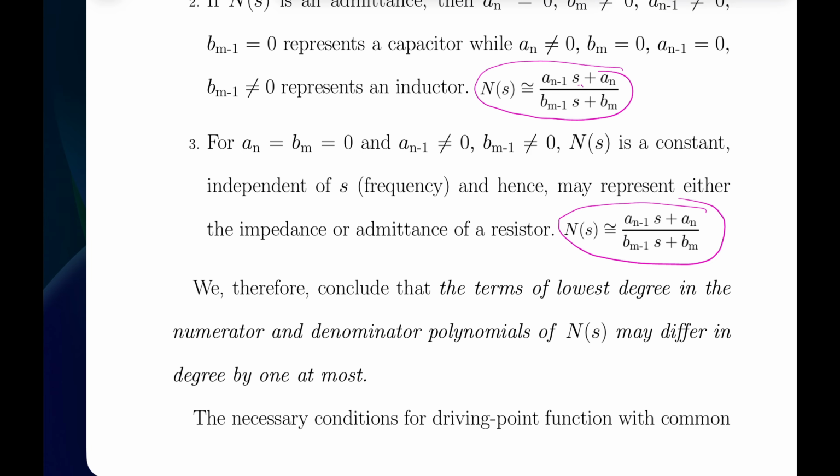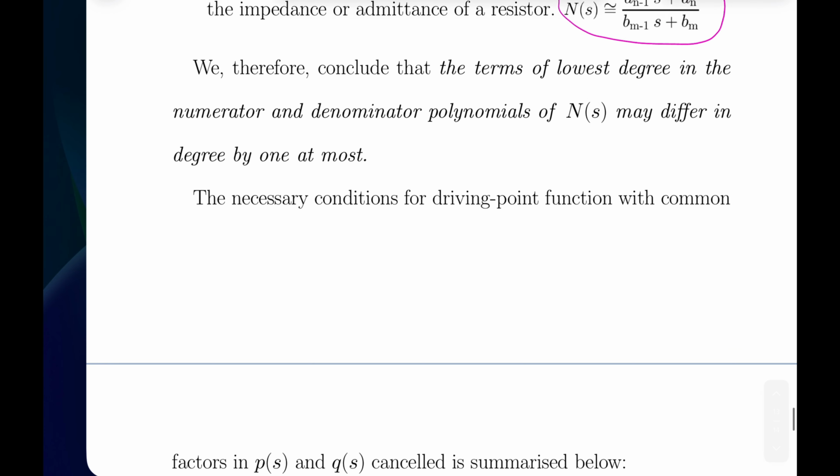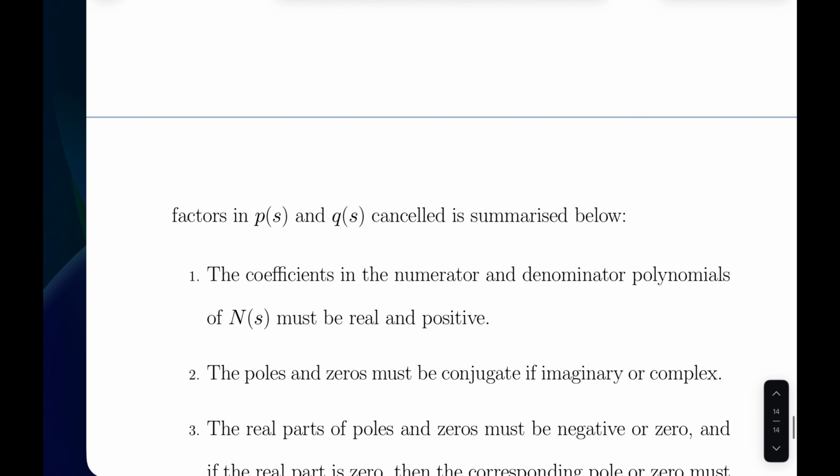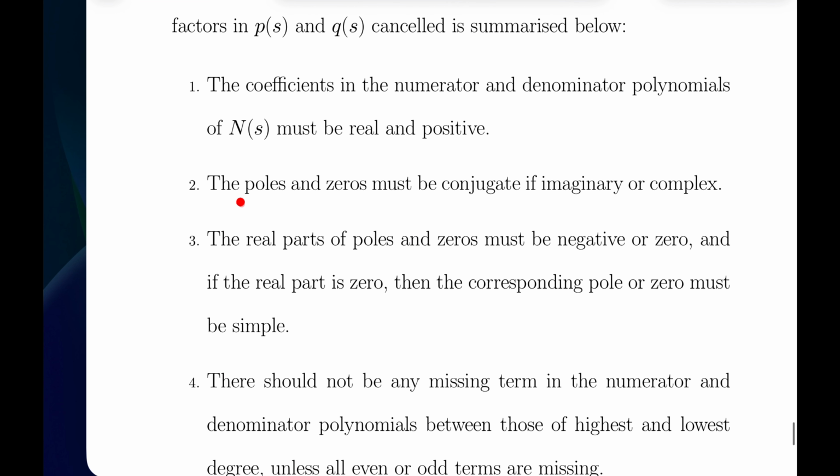The necessary conditions for a driving point function, with common factors in P(s) and Q(s) cancelled, are summarized below. First, the coefficients in the numerator and denominator polynomials of N(s) must be real and positive. Second, the poles and zeros must be conjugate, imaginary or complex. And third, the real parts of poles and zeros must be negative or zero.